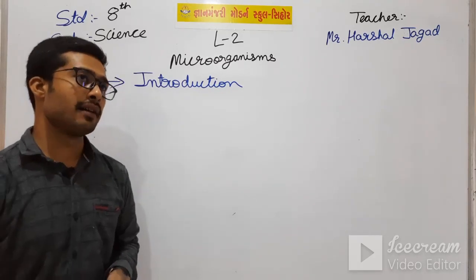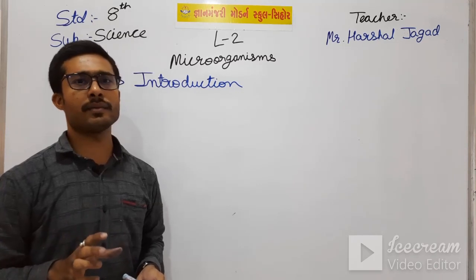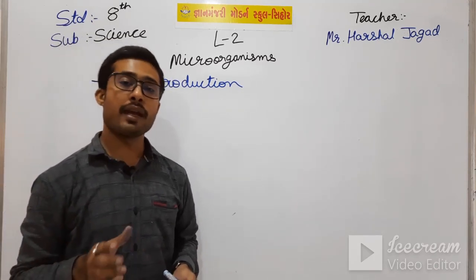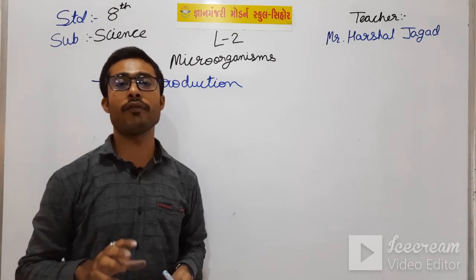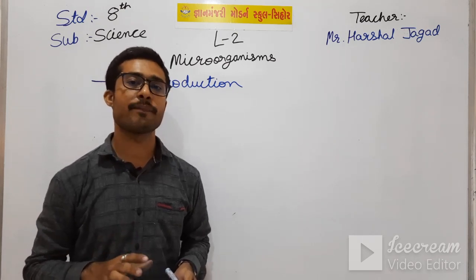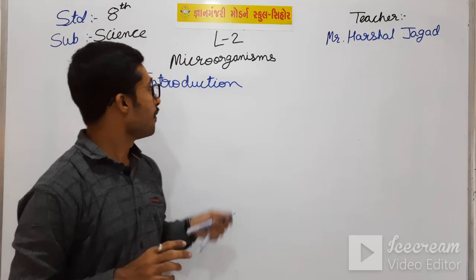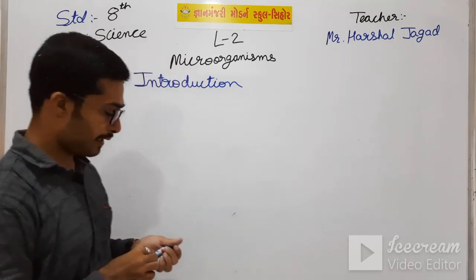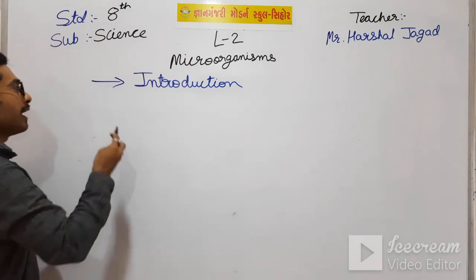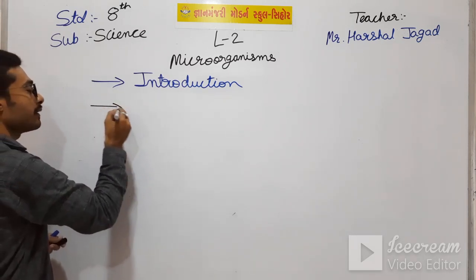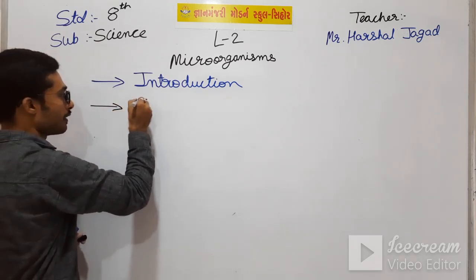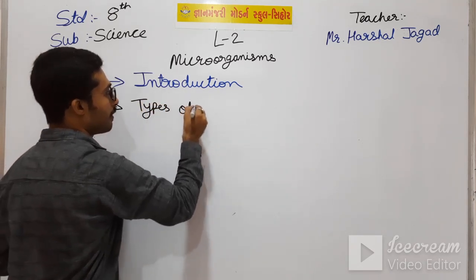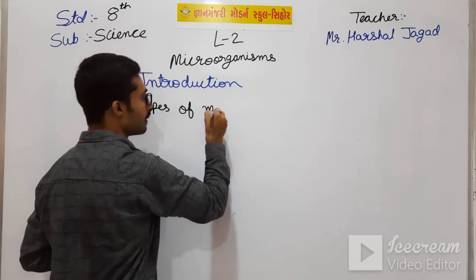So in that, the small organisms which we can't see with our naked eye, but we can see with the help of a microscope, are known as microorganisms. After the introduction, ma'am had told about the types of microorganisms.